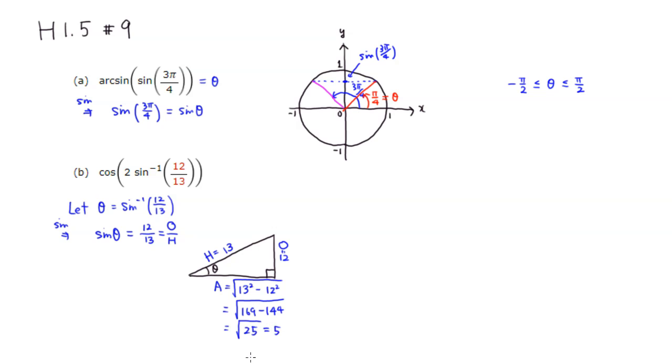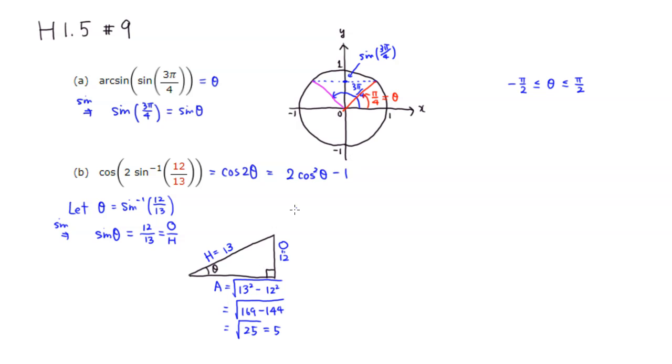We are looking for cosine of 2 theta, and we can use the trig identity: cosine of 2 theta is 2 cosine squared of theta minus 1.